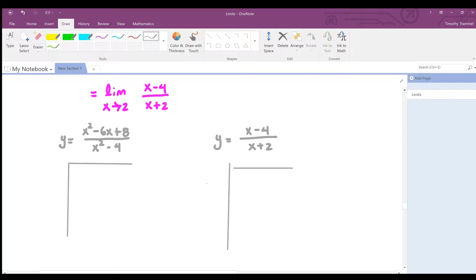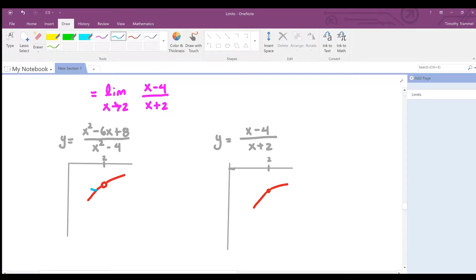So the important point here is at x equals 2. Now one of these doesn't have a hole at x equals 2 and the other one does. So the graph looks something like this around x equals 2.